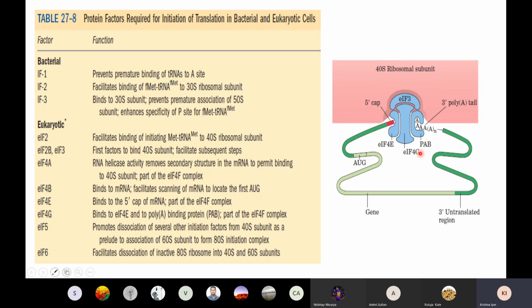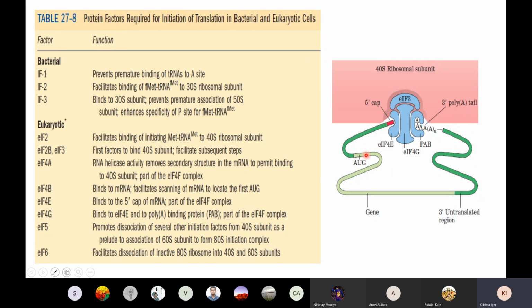And what happens there also is something very similar. This poly A tail, this cap, these are all recognized by the 40S subunit, and that allows the mRNA to be correctly positioned so that this AUG is in the P site again.